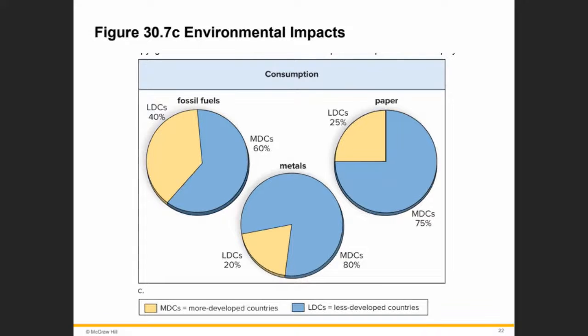Consumption of paper: most developed countries 75%, 25% for the less developed countries. Metals: 80% for the most developed countries, 20% for the less developed countries.